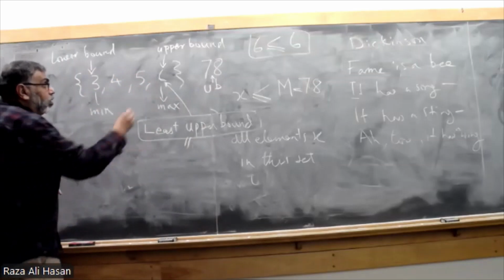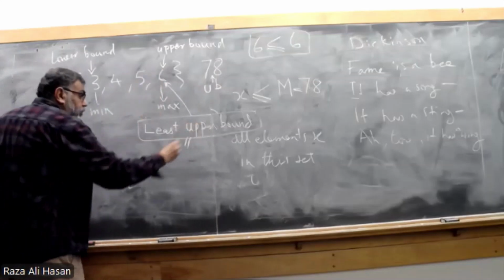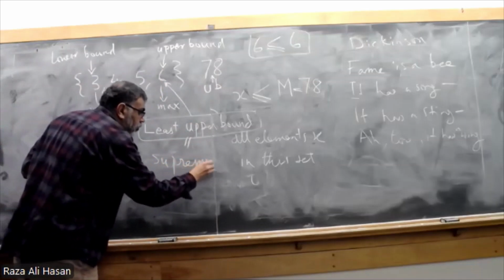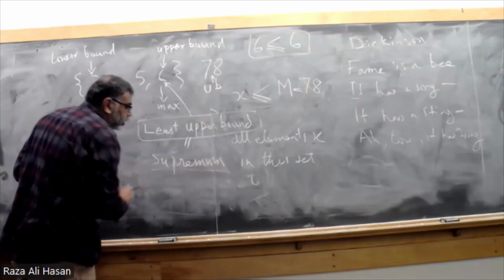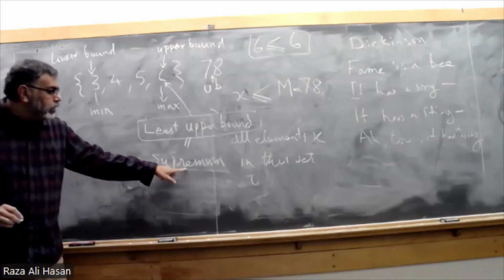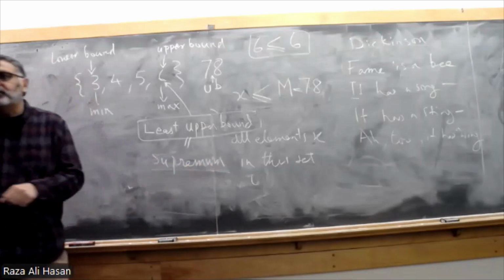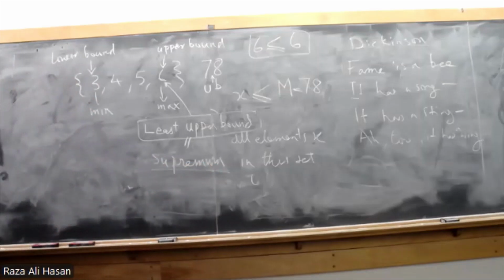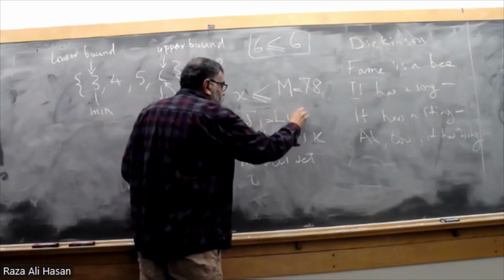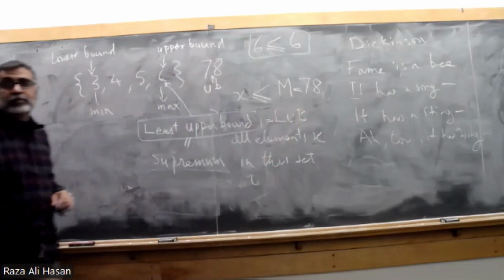The other name of the least upper bound is supremum. You're going to see supremum more often. S-U-P-R-E-M-U-M, supremum. You're going to see supremum more than least upper bound. And the shorthand for least upper bound is LUB.